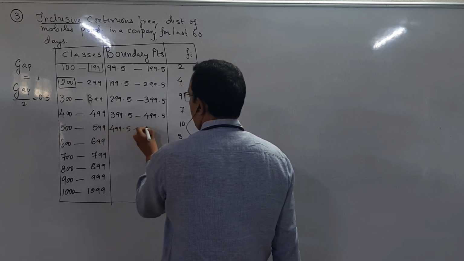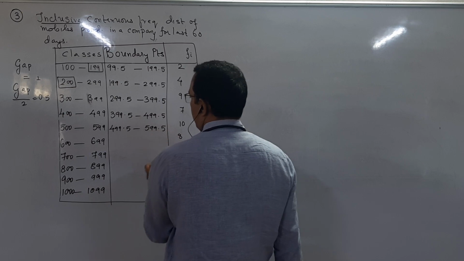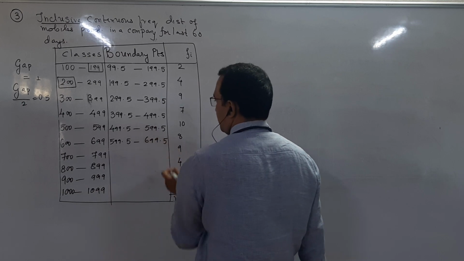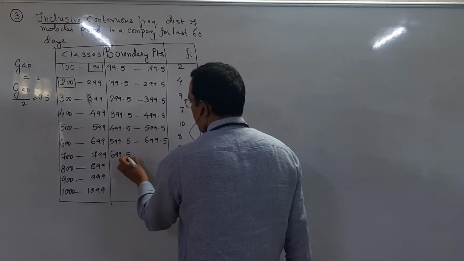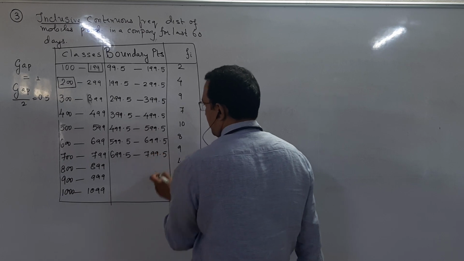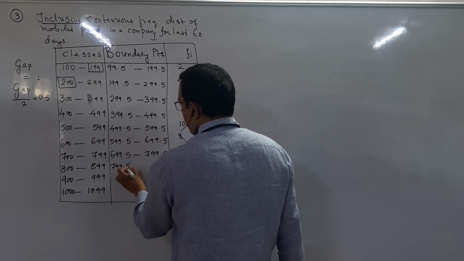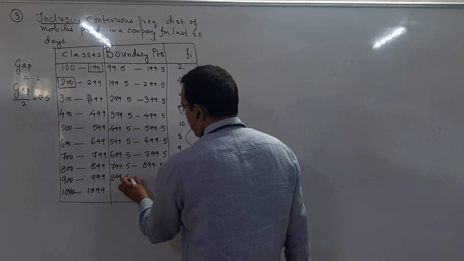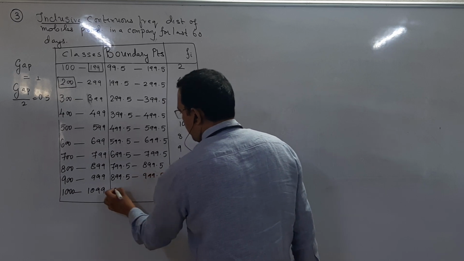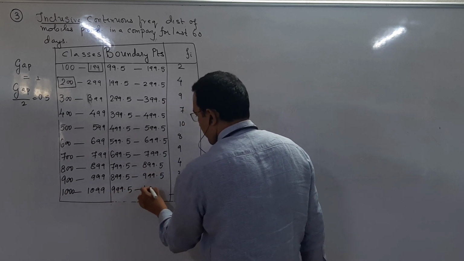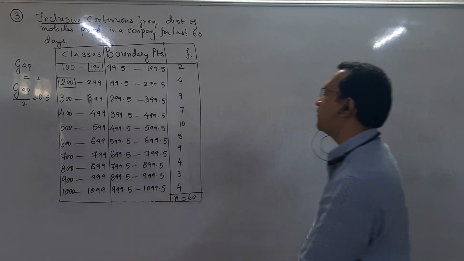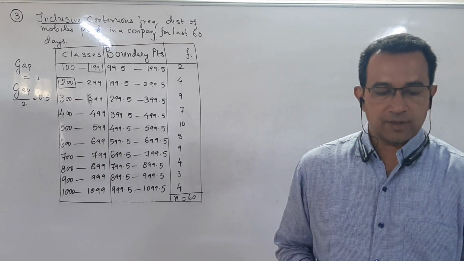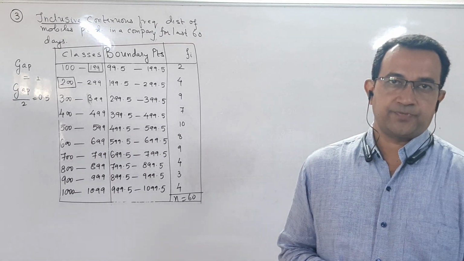Same, 499.5 to 599.5, 599.5 to 699.5, 699.5 to 799.5, 799.5 to 899.5, 899.5 to 999.5, 999.5 to 1099.5. This is the calculation of boundary points.